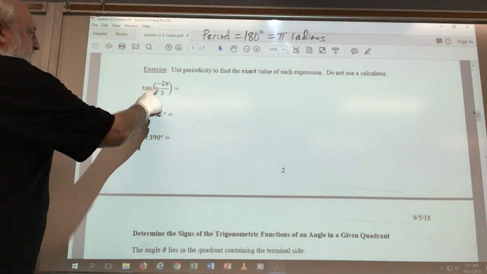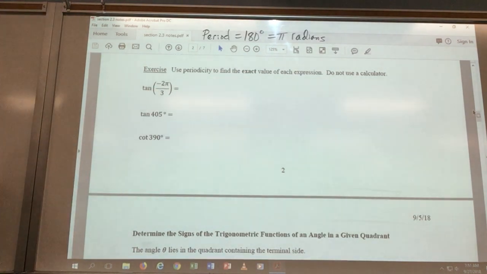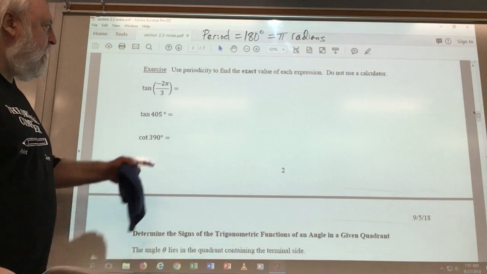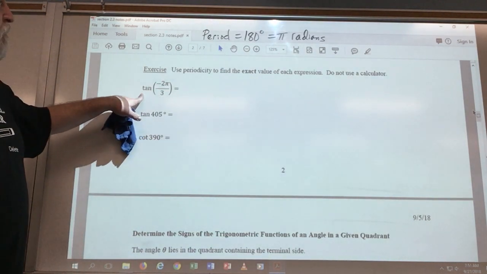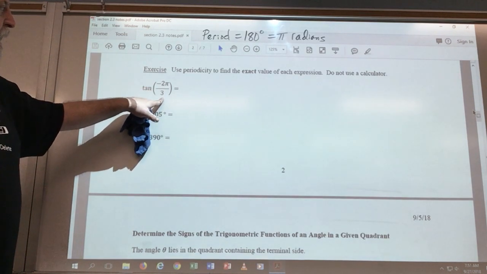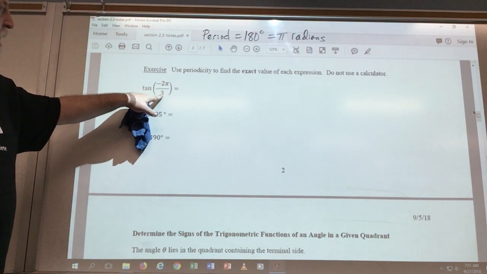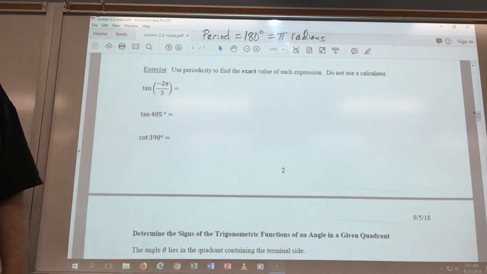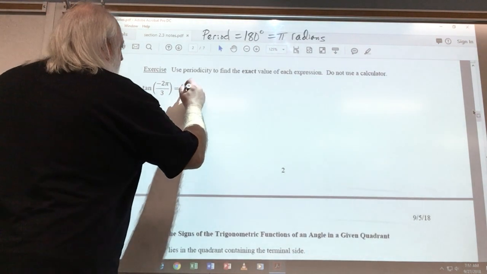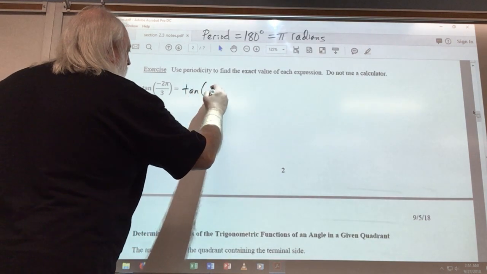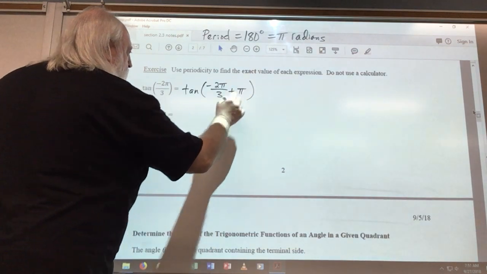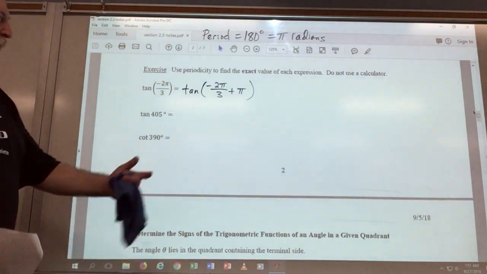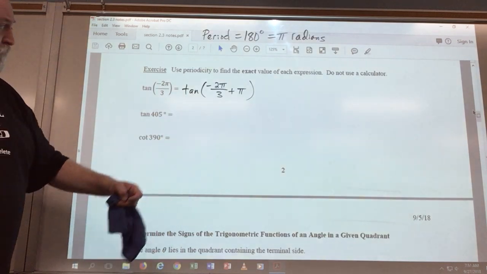So in the first exercise, we're going to find the tangent of minus 2 pi over 3 using the periodicity property for tangent. Okay? Well, tangent has a period of pi radians, so if I add pi to this angle, it doesn't change the value of the tangent function.